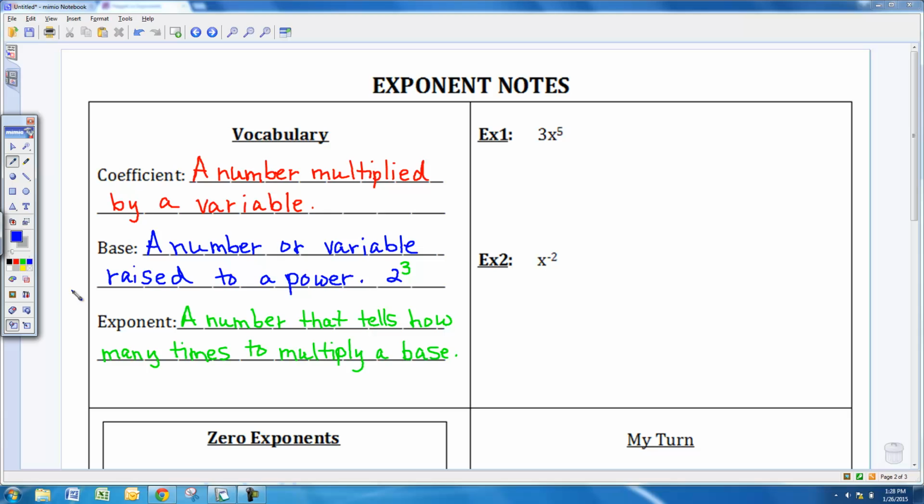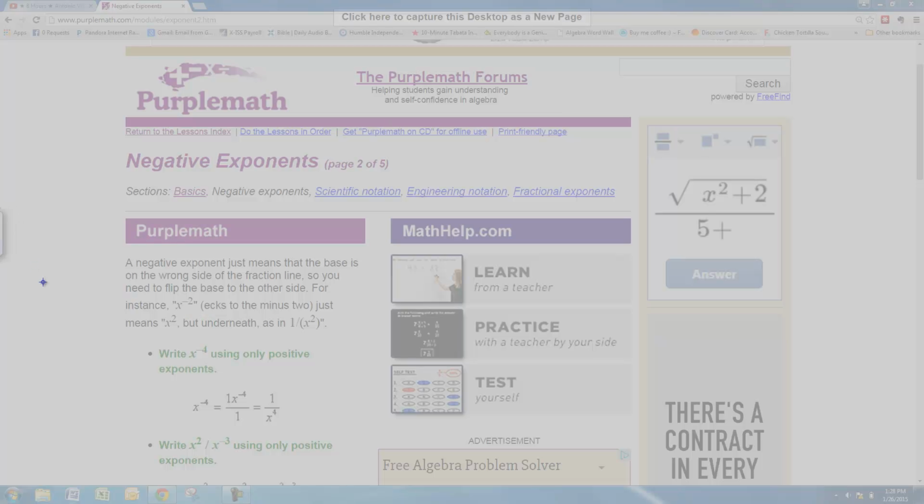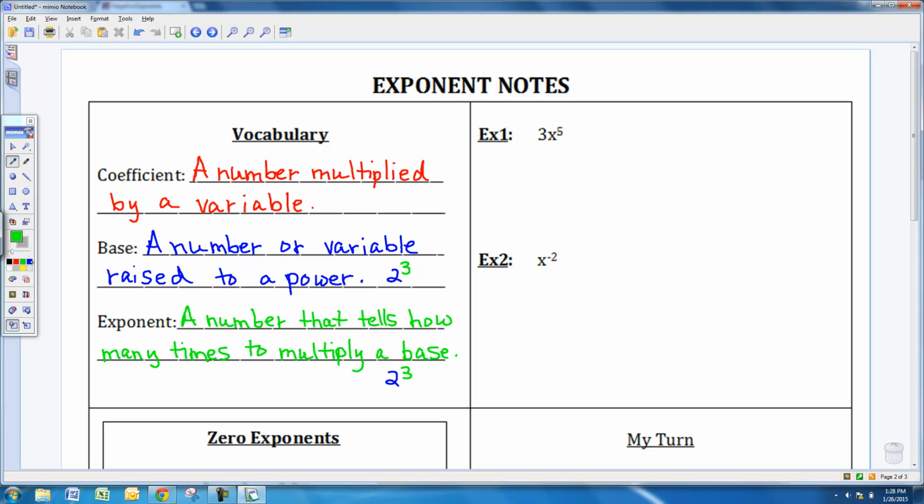So again, in 2 to the third power, 3 is the exponent. It is telling us to multiply 2 times 2 times 2.